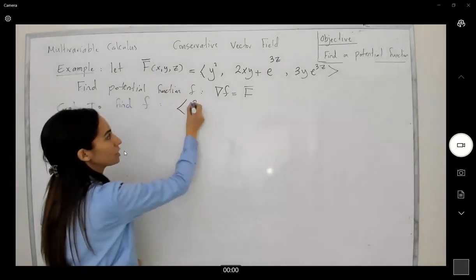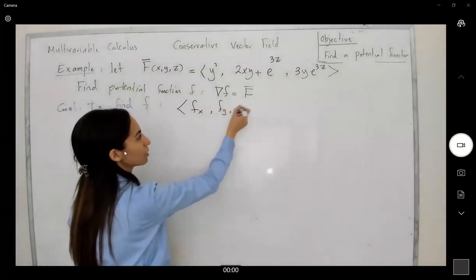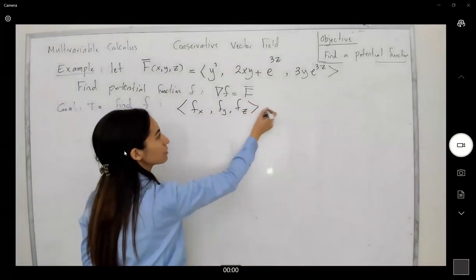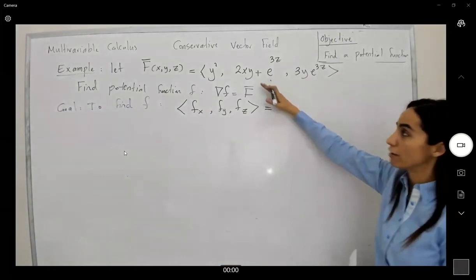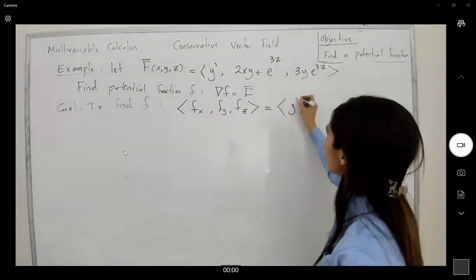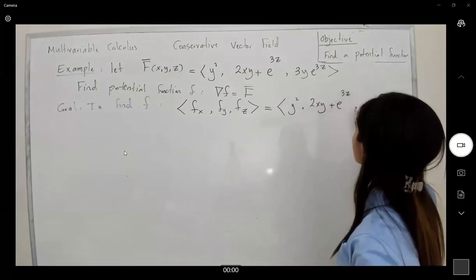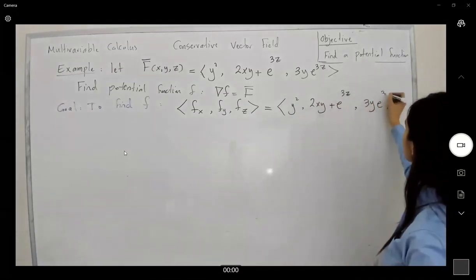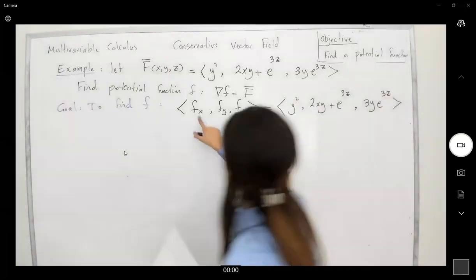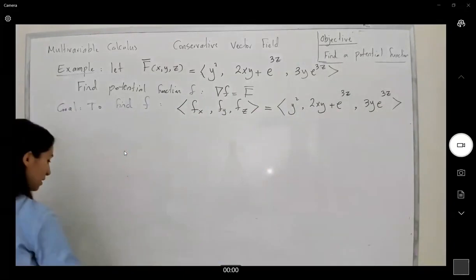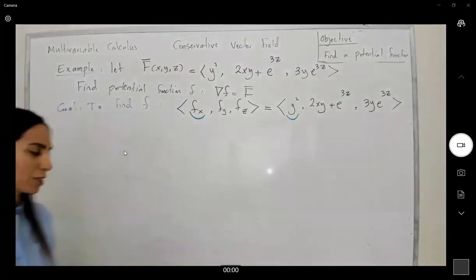It means that if I take the partial derivative of f with respect to x, y, and z, it must be equal to your vector field F, which is defined as (y squared, 2xy plus e to the 3z, 3y e to the 3z). What's the meaning of that? It means that the first components must be the same. The second components must be the same.